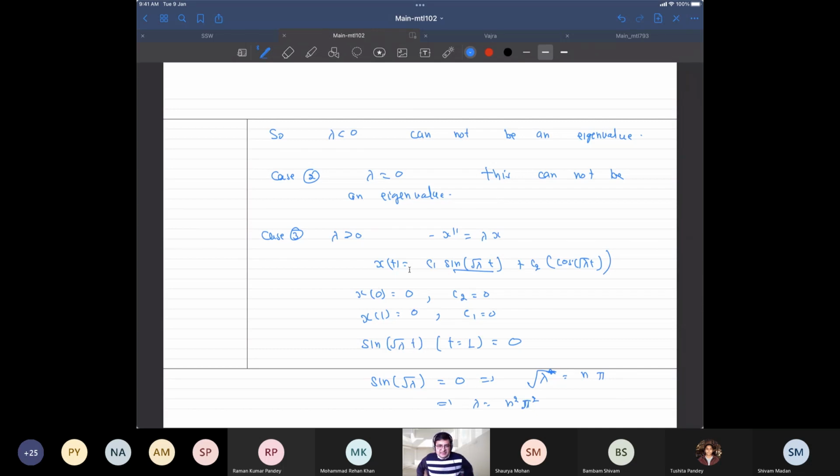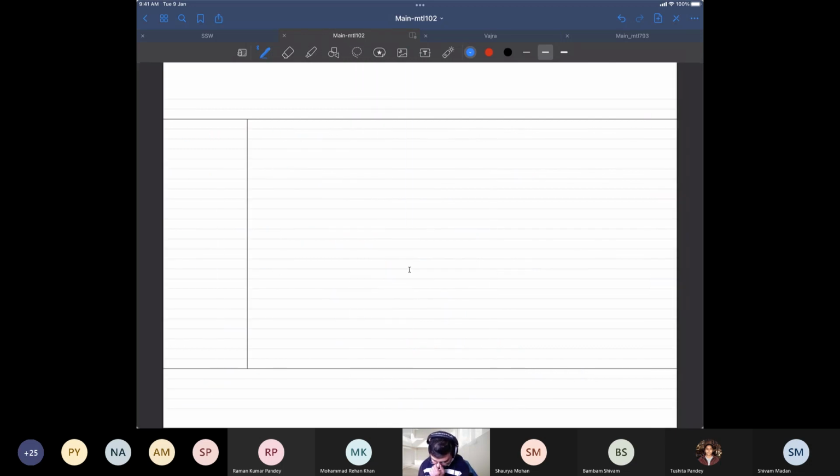So note that when lambda is n squared pi squared, I can take the solution x(t) equal to sine of n pi t, and this will be my solution.